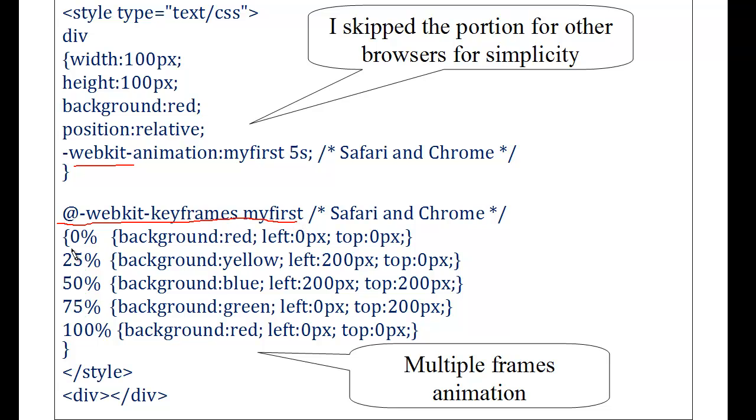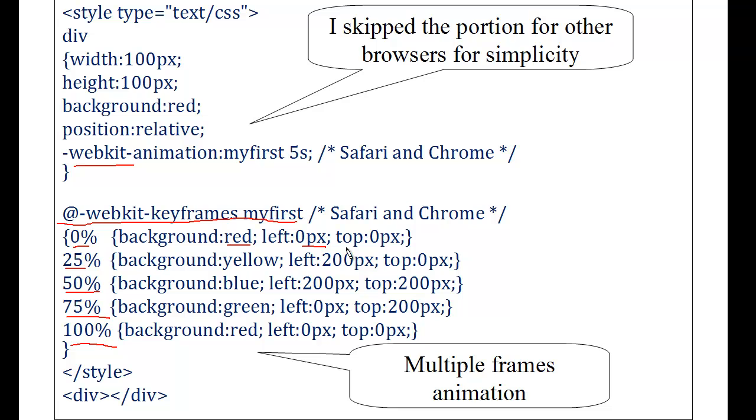And here I define several numbers: 0%, 25%, 50%, 75%, 100%. So here I'm going to have 5 frames, about 1/4 for each frame. Okay, so this defines how long, the length. Okay, so the background color, it's red.